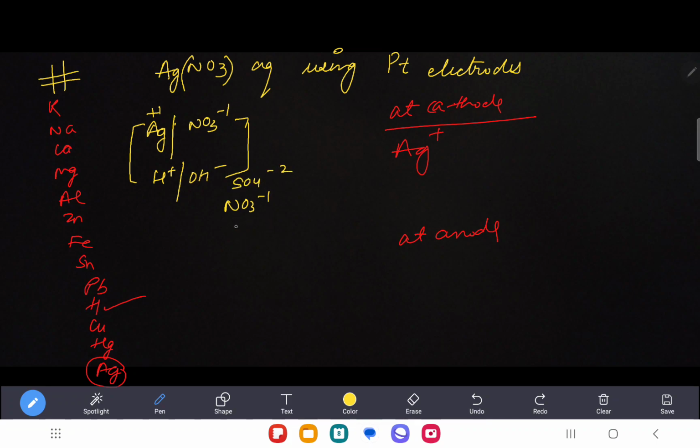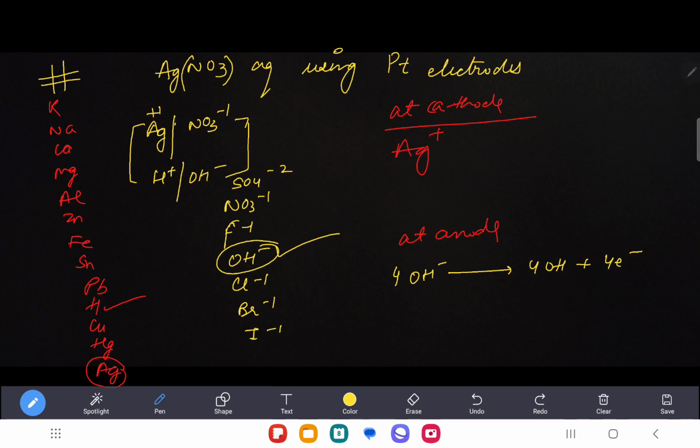Exactly. हाँ, तो F negative, OH negative, Cl negative, Br negative, I negative. So OH negative shall go. And OH negative, when we are sending, we have to send 4 OH negative because there is no choice. इसमें ही होता है, इसमें बाकी तो सबको पता ही है ना, Cl का भेजोगे तो Cl2 भेजोगे क्योंकि Cl2 बनाना है, 2H2O बनाना है, exactly.